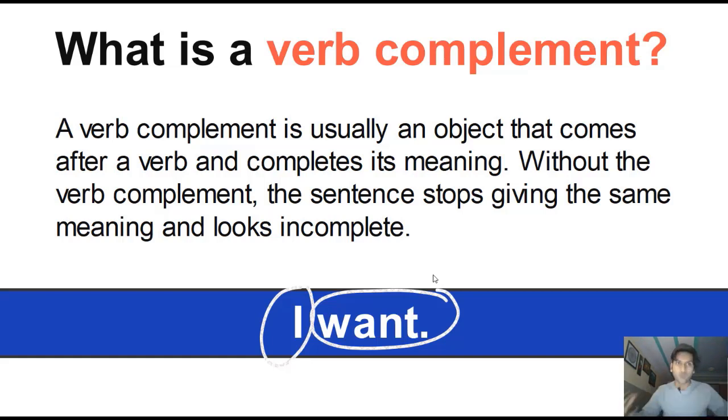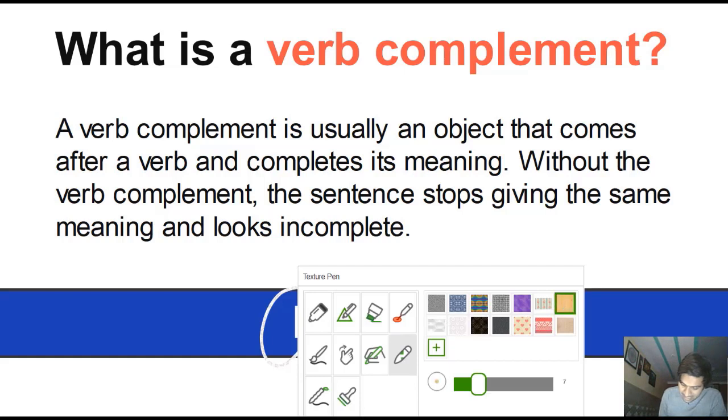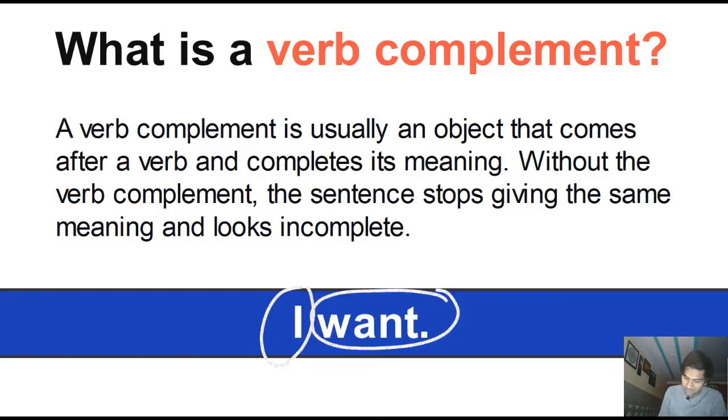So when I say "I want," there is something that has to come after it, right? I must want something that is missing. That is the complement of the verb want. So I must want something. I want you. I want some food. I want pizza, right? So I can use an object after it and complete the meaning of the verb. I want pizza. I want you.